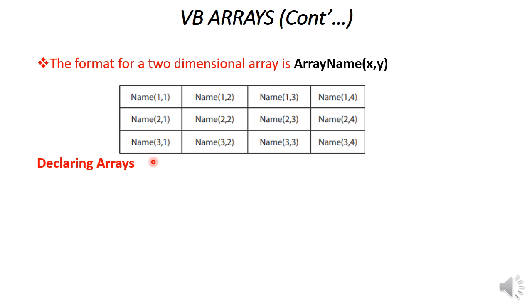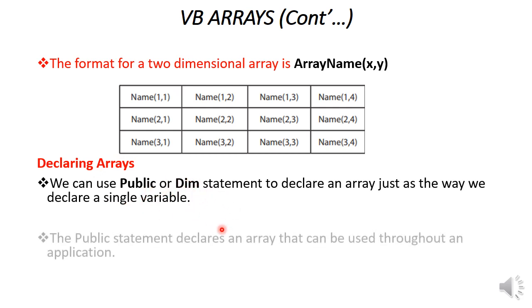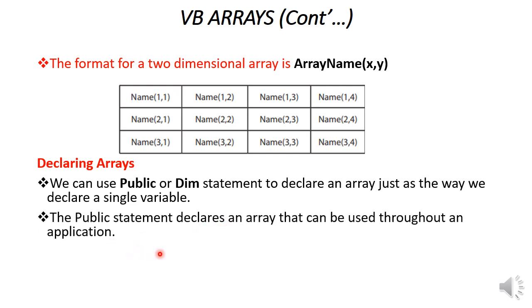Declaring arrays. In Visual Basic we have two keywords which can be used to declare arrays. The first one is Public and another one is Dim. The Public keyword is used to declare an array which will be visible and can be used throughout an application.